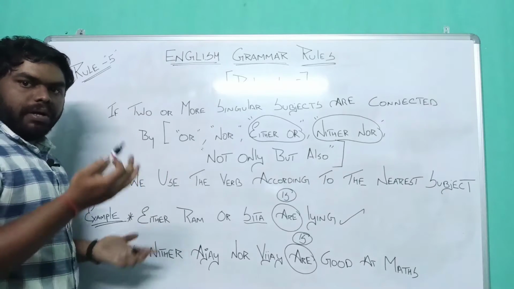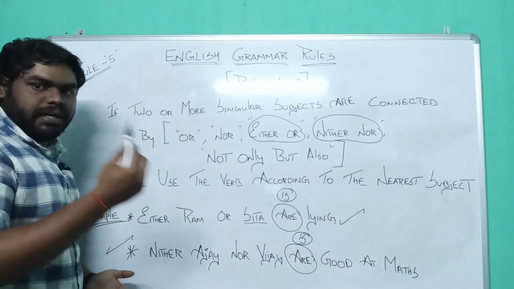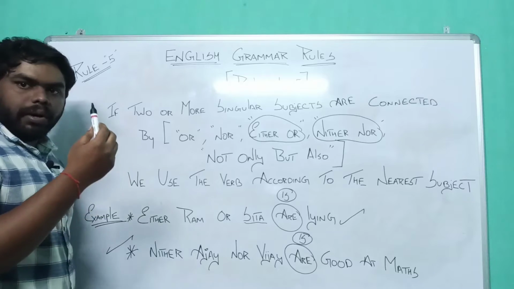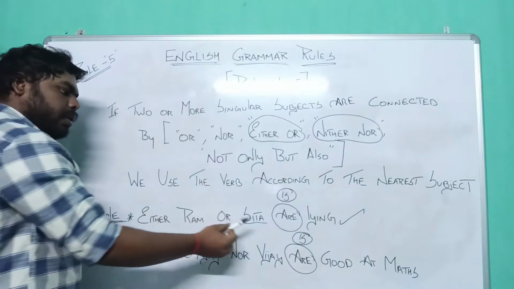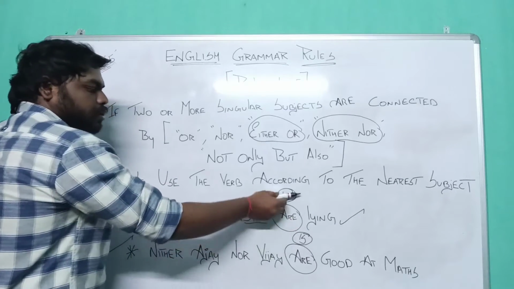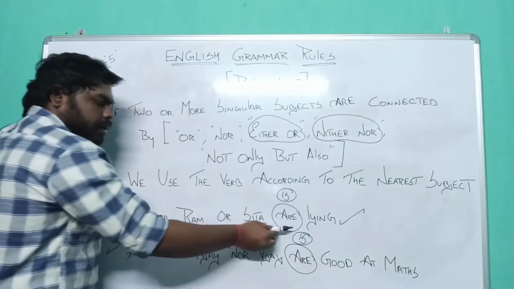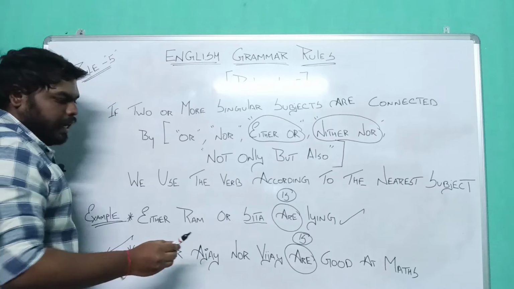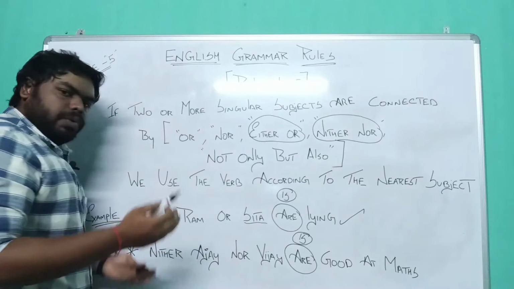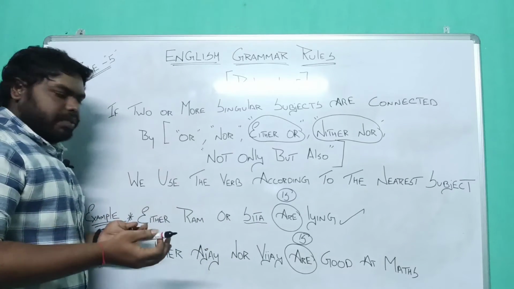We are talking about one person at a time. So if we are talking about one person, the verb that we are using should be singular, right? But according to the rule, it should agree with the nearest subject, right? So you can understand either way.